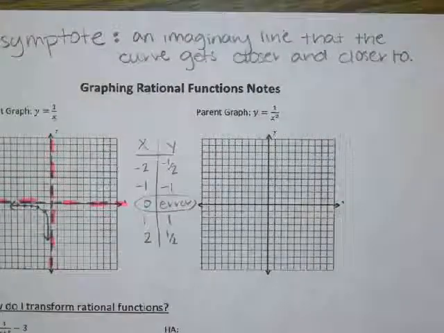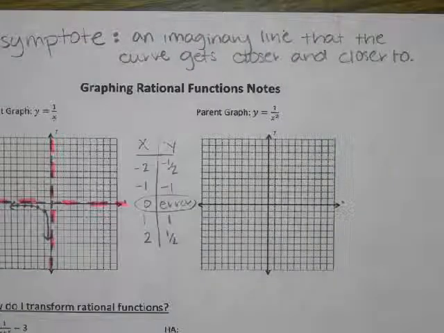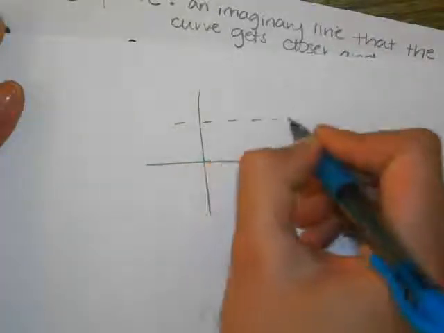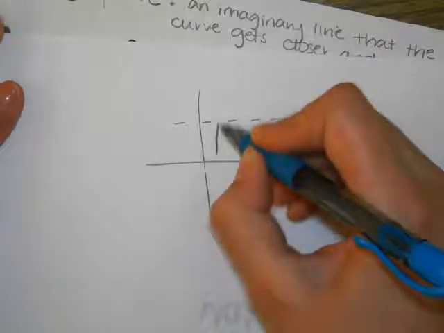So I'm going to draw an example of an asymptote for you. We'll say here's our asymptote right here. And it's possible for the graph to go like this.